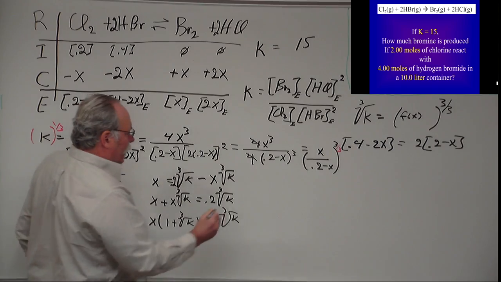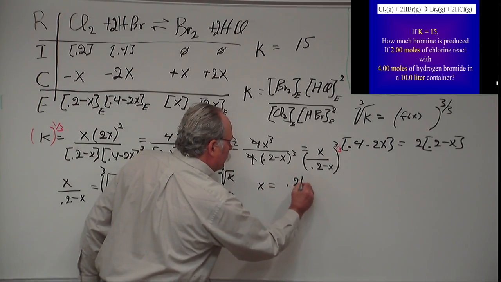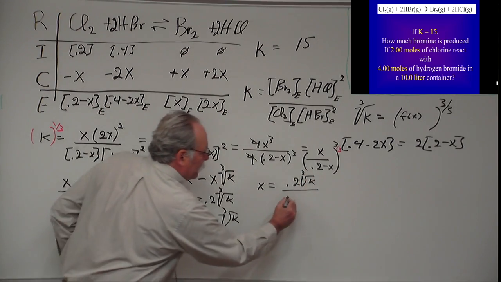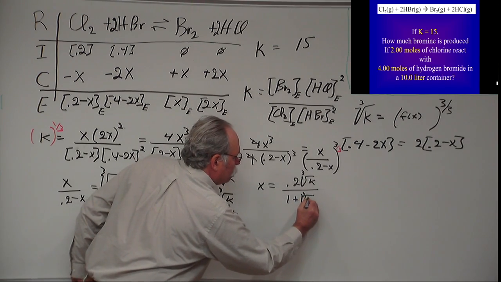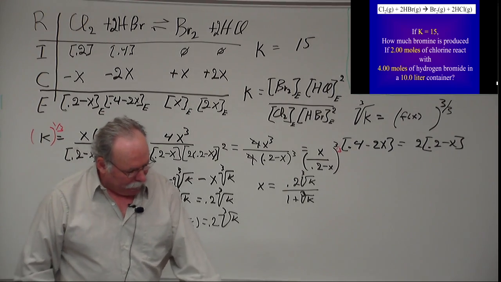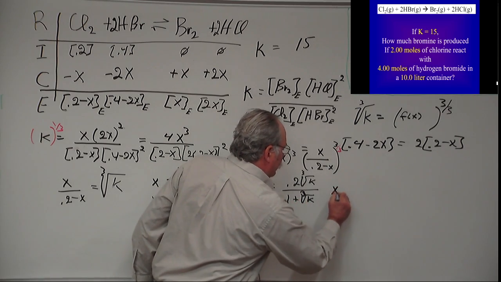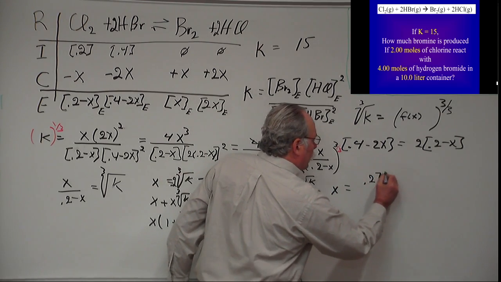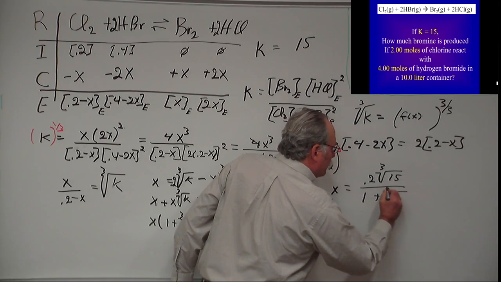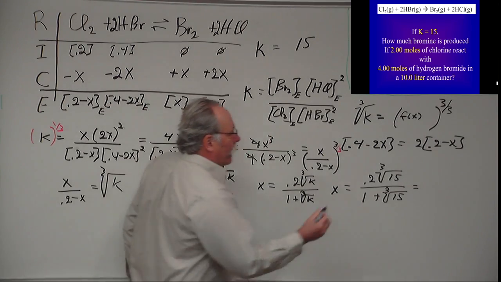So now I can say x is equal to 0.2 times the cube root of k over 1 plus the cube root of k. Now I can substitute my value of k, which was 15. So I have x is equal to 0.2 times the cube root of 15 over 1 plus the cube root of 15.